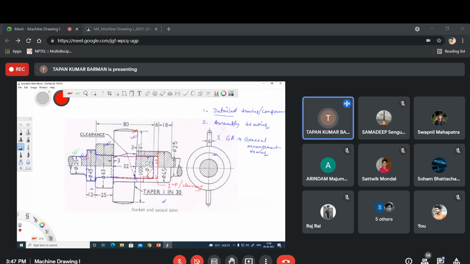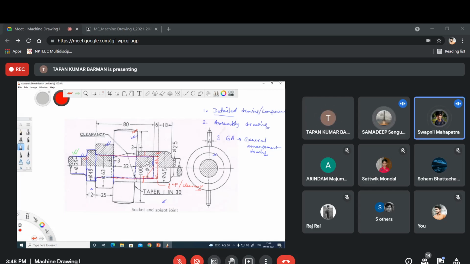You need to draw it using a dashed line. Am I right? Yes, sir. Because the internal hole cannot be seen, but you have to represent that hole in your drawing. So that is why this line should be a dashed line. If you put it in section or half section or full section, then you can see it.